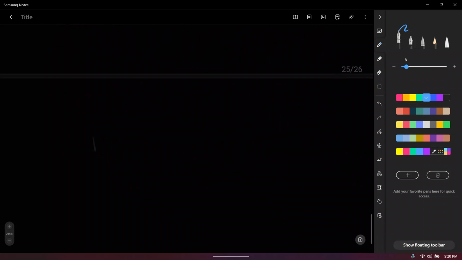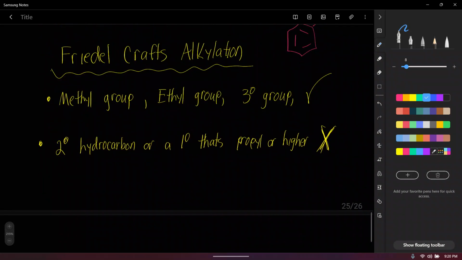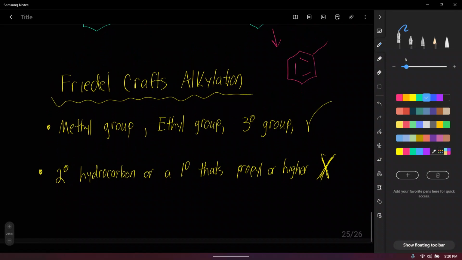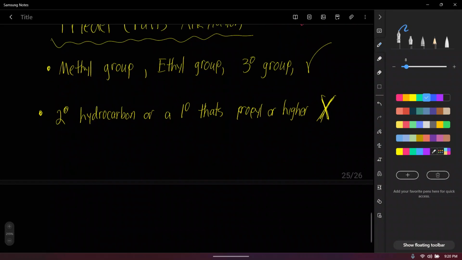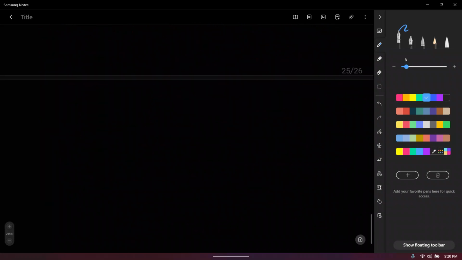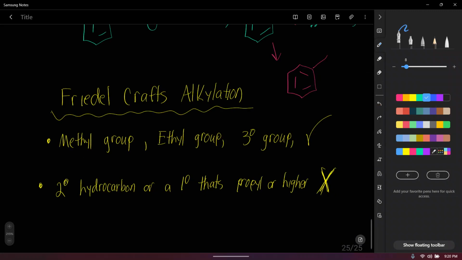So if we think about this mechanism, so let's do the first example. Let's think about why this might not work if it was something like propyl or something. Okay, so the first step we know, right?